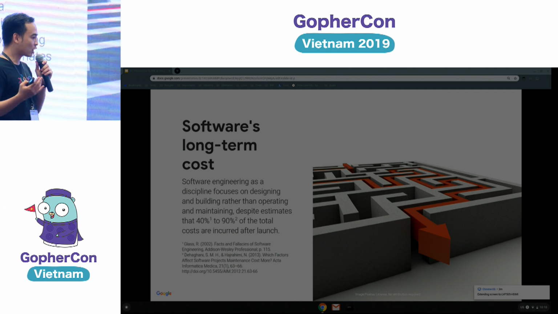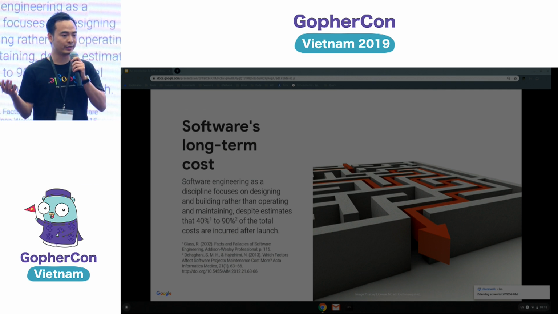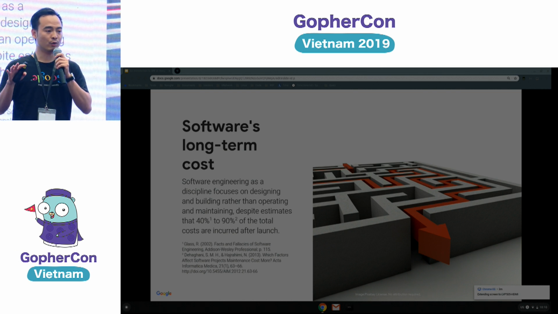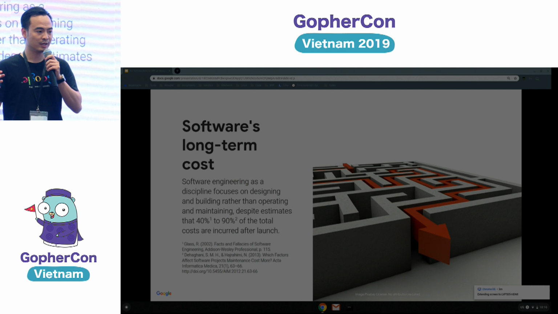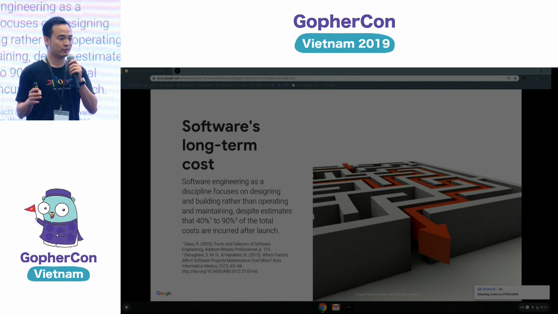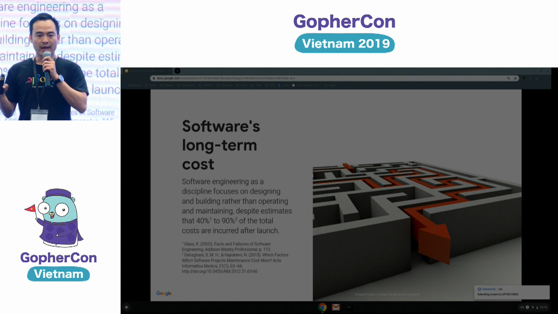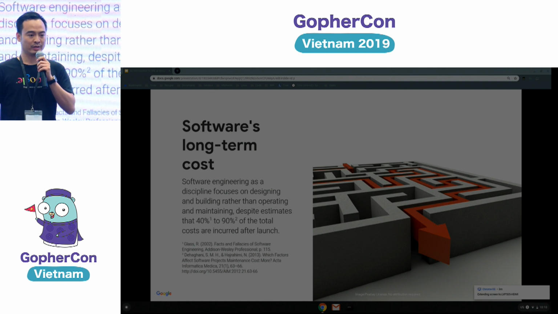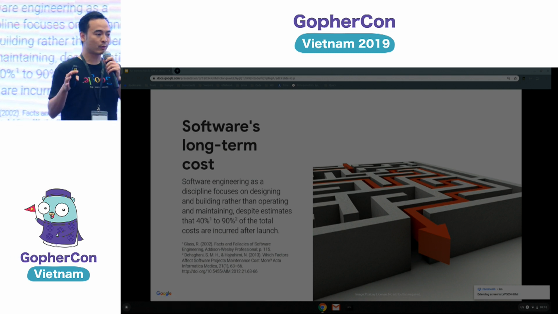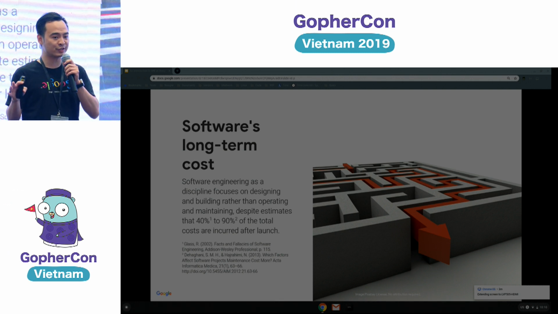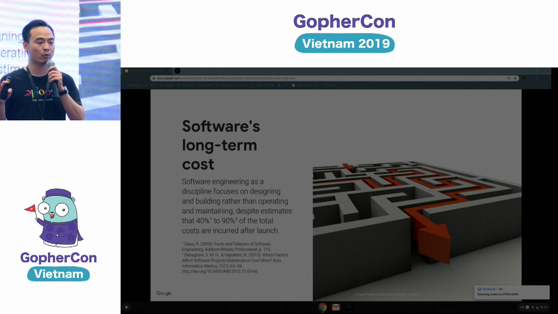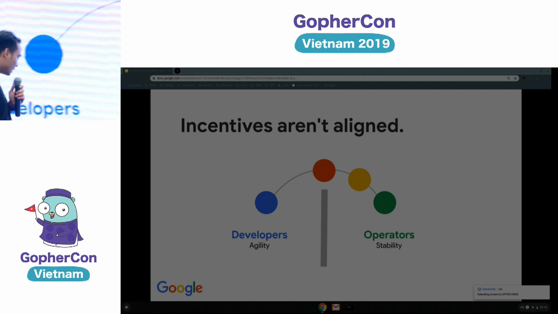There are some studies showing that about 40 to 70% of the cost involved after the launch is related to operation. So the cost of operation is relatively high. And if you have any problem with the service after you launch, you have to spend a lot of money. The product may be very fancy, but it could not be a good product if it doesn't work, right?